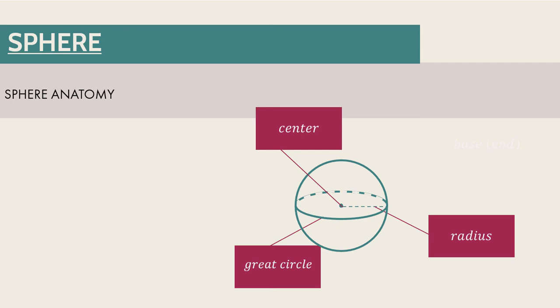You cut the orange into perfectly equal halves. Then the surface of your cut will be exposed, and it looks like a circle. That is the great circle. And of course, we have the radius. The radius of the great circle is exactly the radius of the sphere.